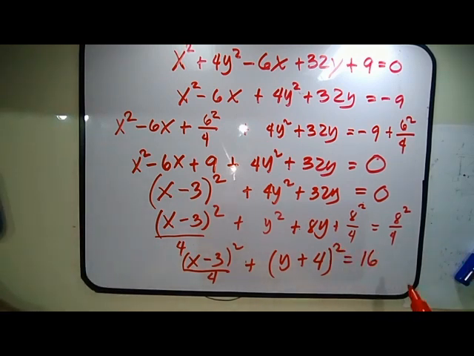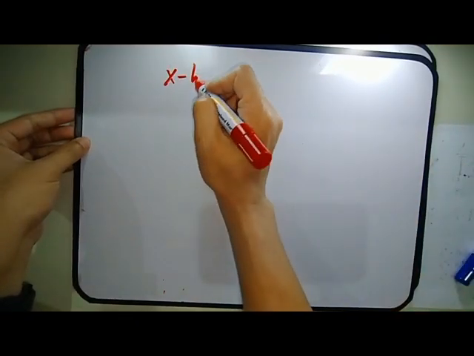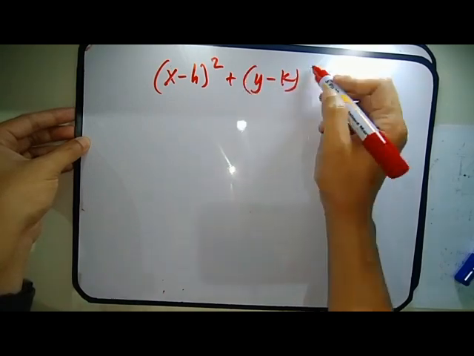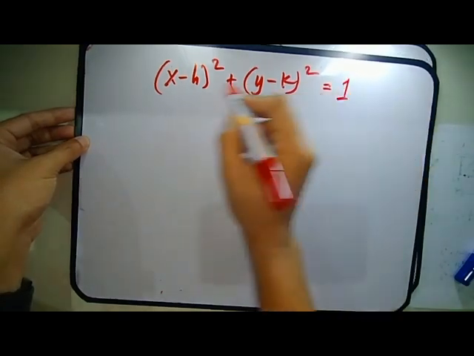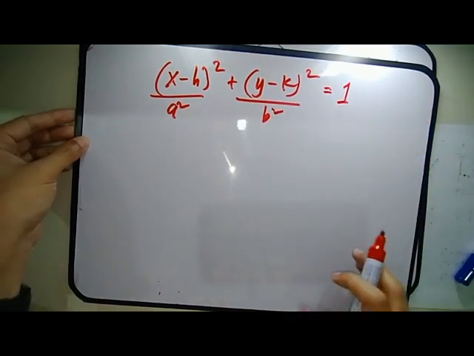Now, ilagay natin sa form na x minus h squared. You have this form, x minus h squared plus y minus k squared equals 1, all over a squared and b squared.